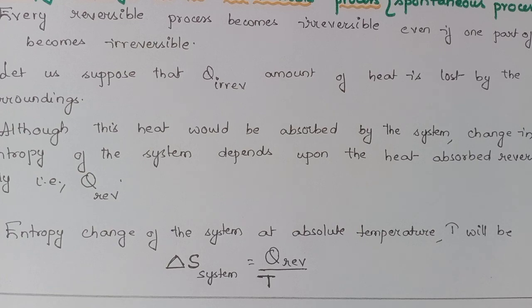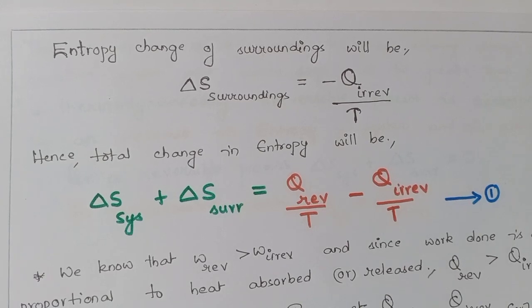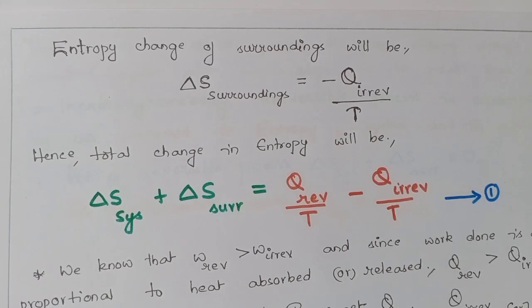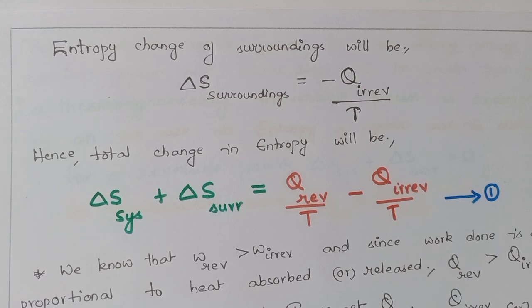So entropy change of surroundings, delta S surroundings, will be equal to minus Q irreversible by T. Very good to all of you who wrote minus Q irreversible by T. Those who have not written, please kindly write down: delta S surroundings is equal to minus Q irreversible by T.